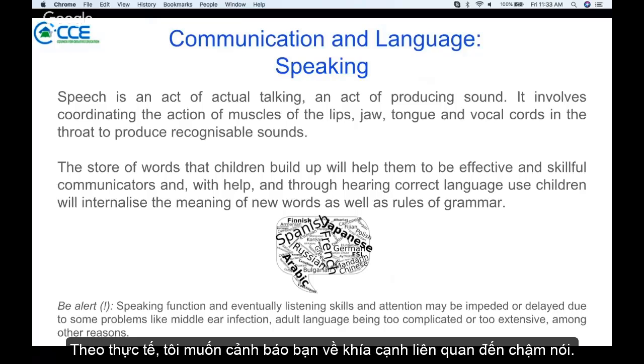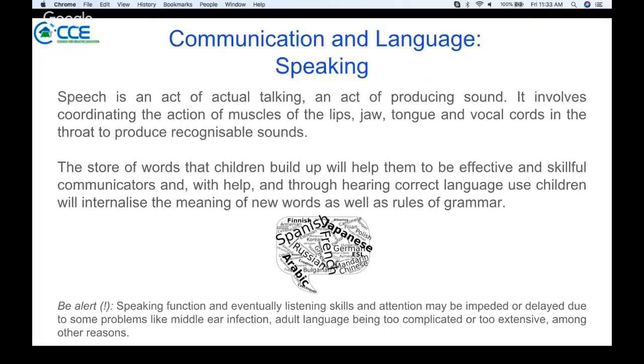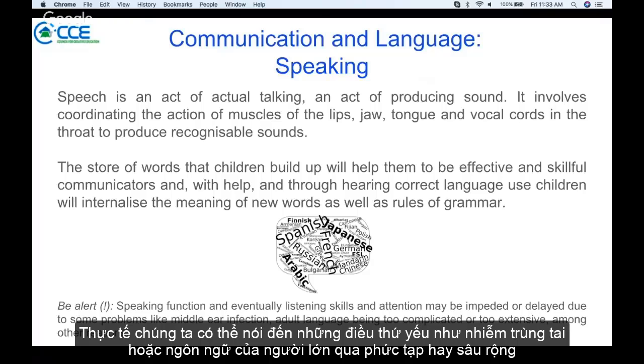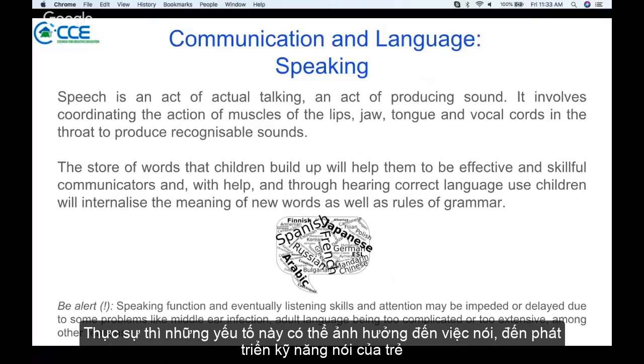In terms of practice, it's good to warn you, or make you alert, to aspects related to speech delay. Actually, we can talk about quite minor things like an ear infection, or adults' language being too complicated or too extensive. These factors can impact speech skill development.